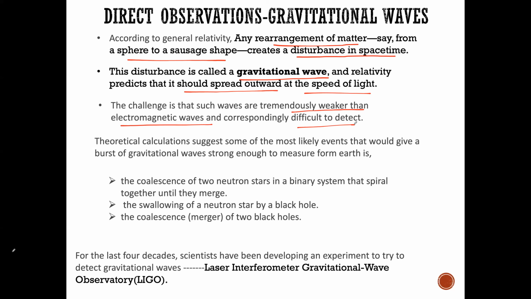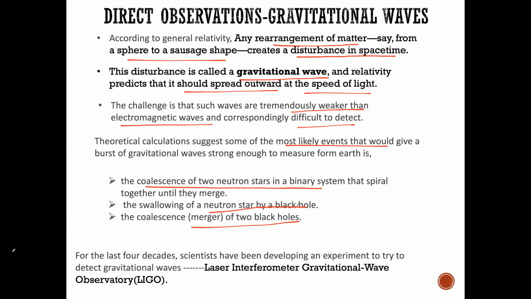Now, theoretical calculations suggest that some of the most likely events are the merging of two neutron stars in a binary system, which could be a merging of two huge masses, which could give off some gravitational waves, and maybe a merger of two black holes, or the swallowing of a neutron star by a black hole.